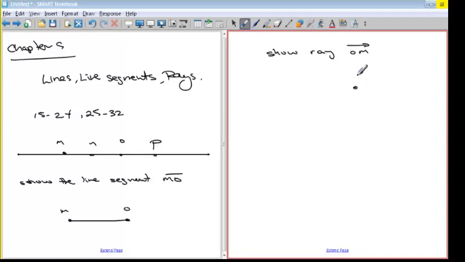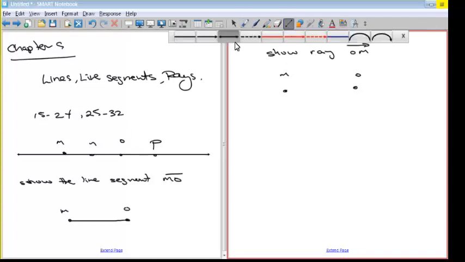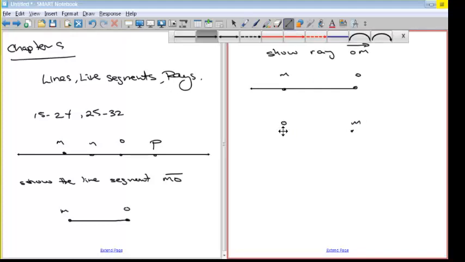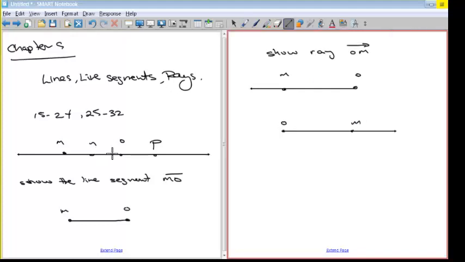So what I would do is put point O so that it matches up here, and put point M here, and then draw an arrow from O to M. The error people make is they put O, then put M here, and draw the ray to the left, but that doesn't match up with what I have in the drawing. So you've got to make sure that you do the right one. So this is wrong. This first one is correct.